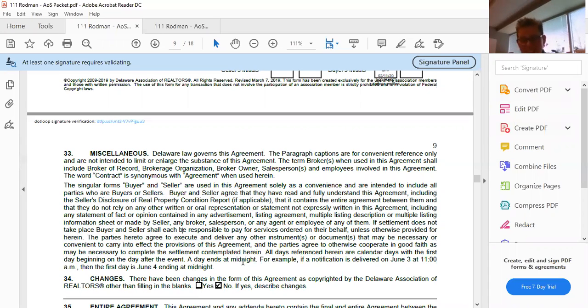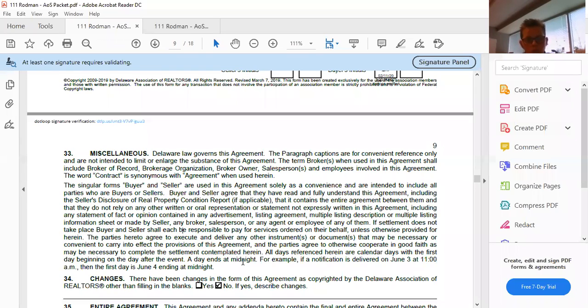Yes. So this contract was written by the DAR attorneys. But every attorney, and trust me, I've worked with multiple attorneys, they've got to put their mark on it.